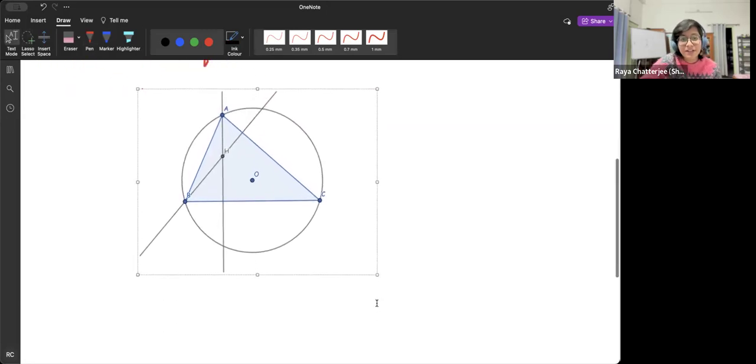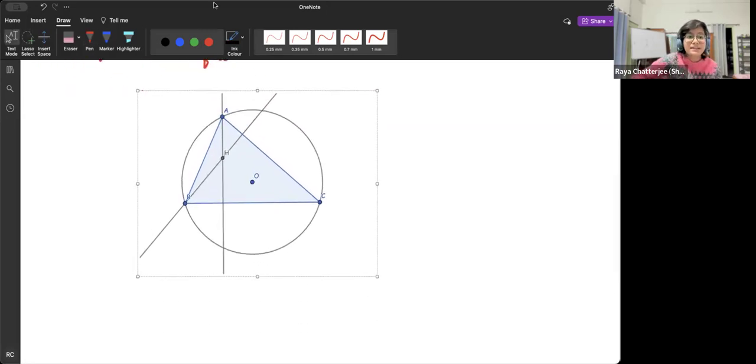So we have a diagram here, and H is the orthocenter of this triangle. What we want to prove is that the reflection of H across the sides lies on the circumcircle of ABC. This is a basic thing, and the proof is really simple. I'm just going to go over the proof once real quick.